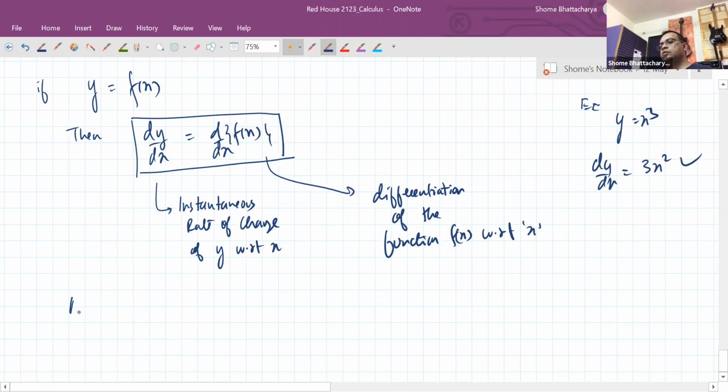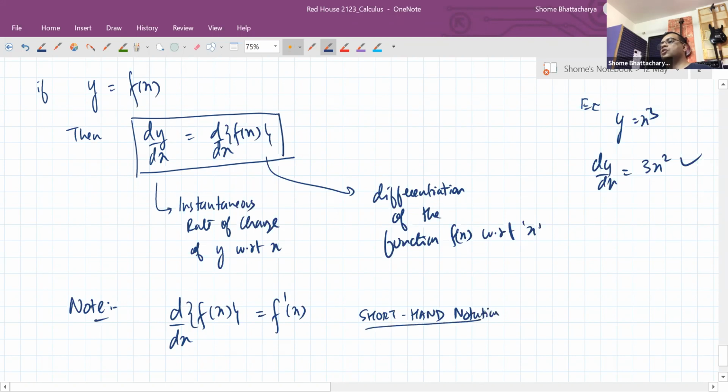Now, additionally, one thing we'll see is a shorthand notation that we use in calculus, that the differentiation of a function is written in shorthand as the prime of the function. This shorthand notation becomes important when we are dealing with lengthy functions.